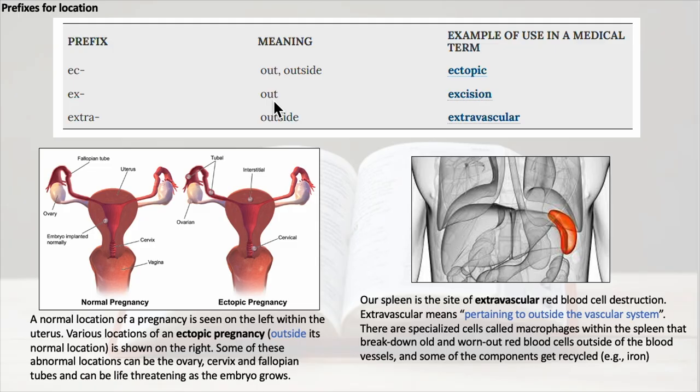So some examples of ex would be exhale, common, right? Ex means out, and hale refers to breathe, so breathe out. And here we have excision, or to excise something is to cut it out. So scission refers to cut out or remove, and ex is out.